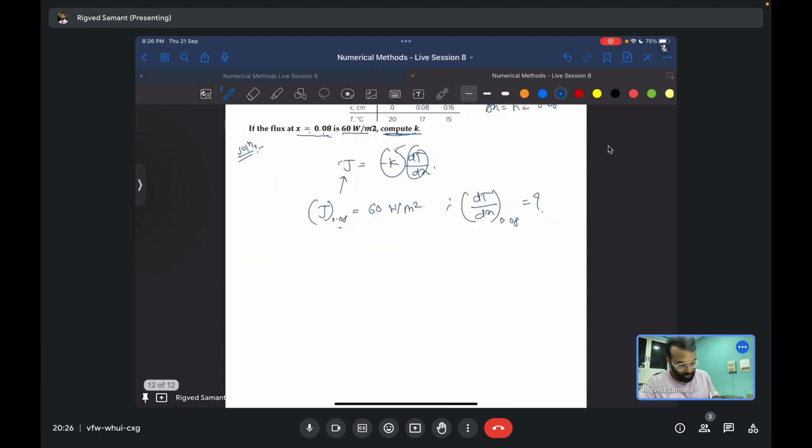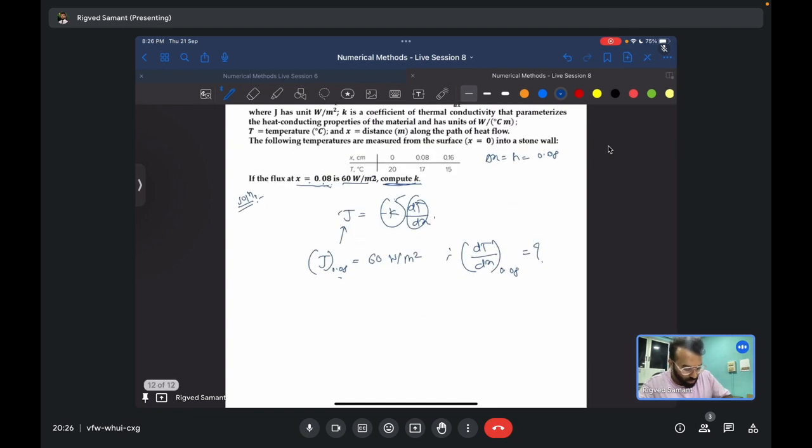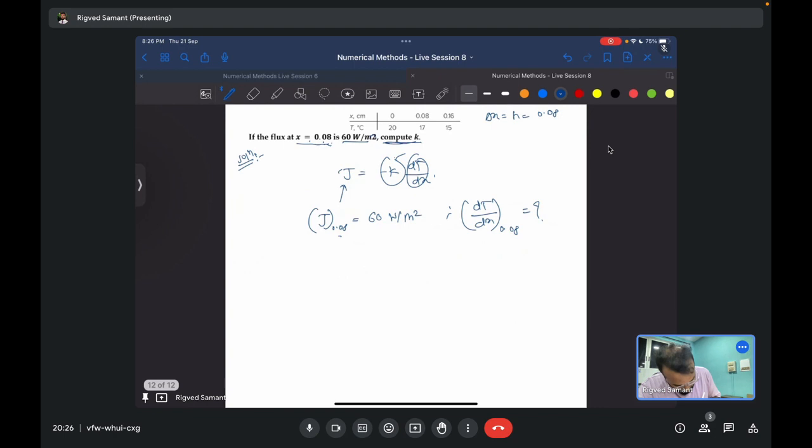So dT by dx is nothing but the first derivative, and since the h value, the step size, is constant here, I am going to use the central difference formula.